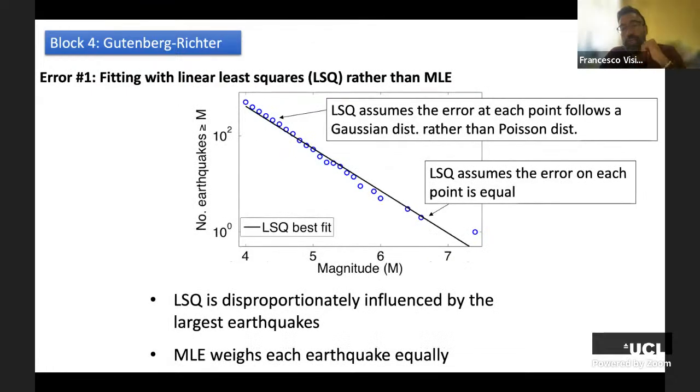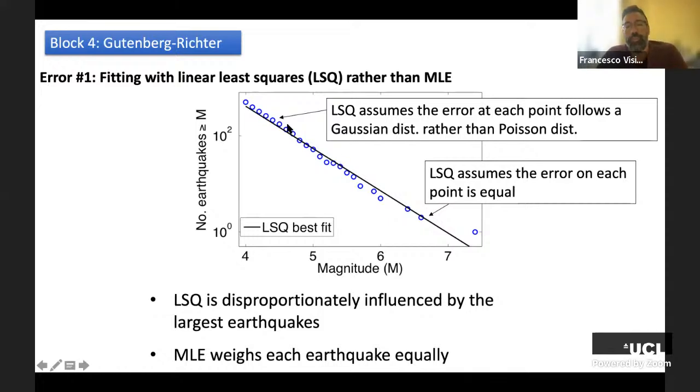The first common error, which I read in probably very old papers, not recently, is to fit with least squares. Least squares assumes that the error at each point follows a Gaussian distribution rather than a Poisson distribution, and assumes the error on each point is equal.